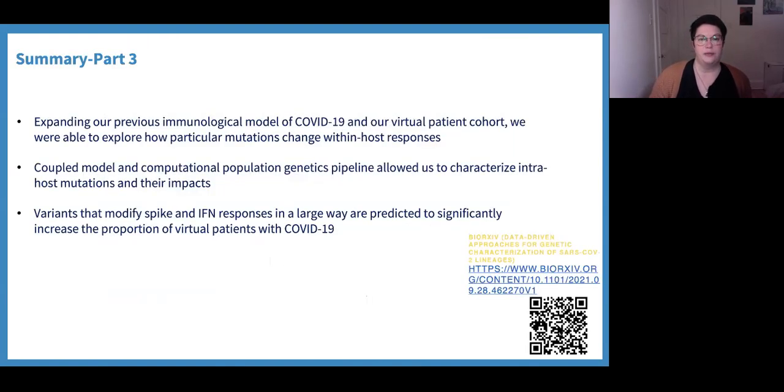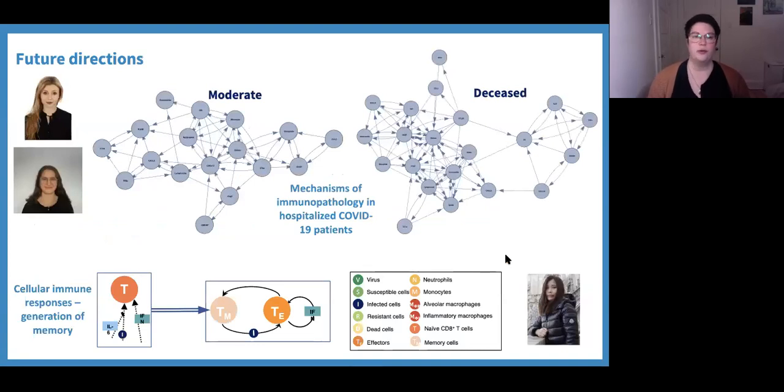And the pipeline that we use for the population genetics is available on the bioRxiv and is about to be published. And I'll just end by saying that this is ongoing work.